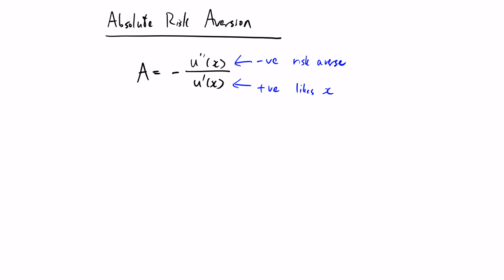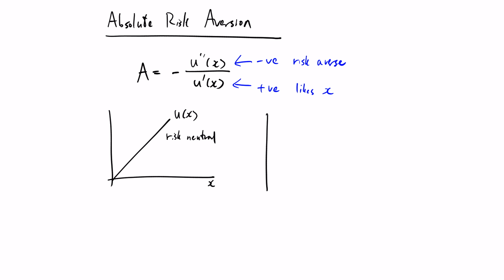Now, if you think about a diagram like this, this is risk neutral, and this is risk averse.